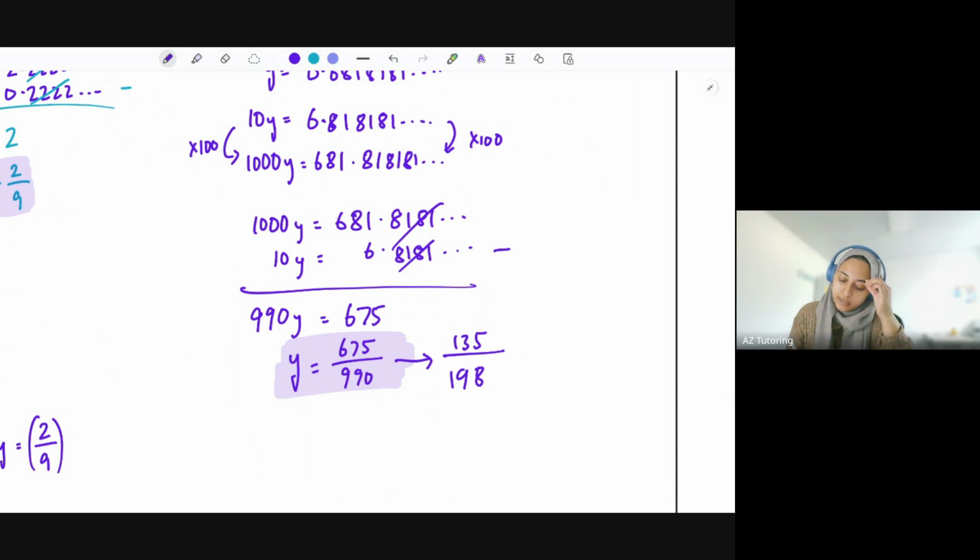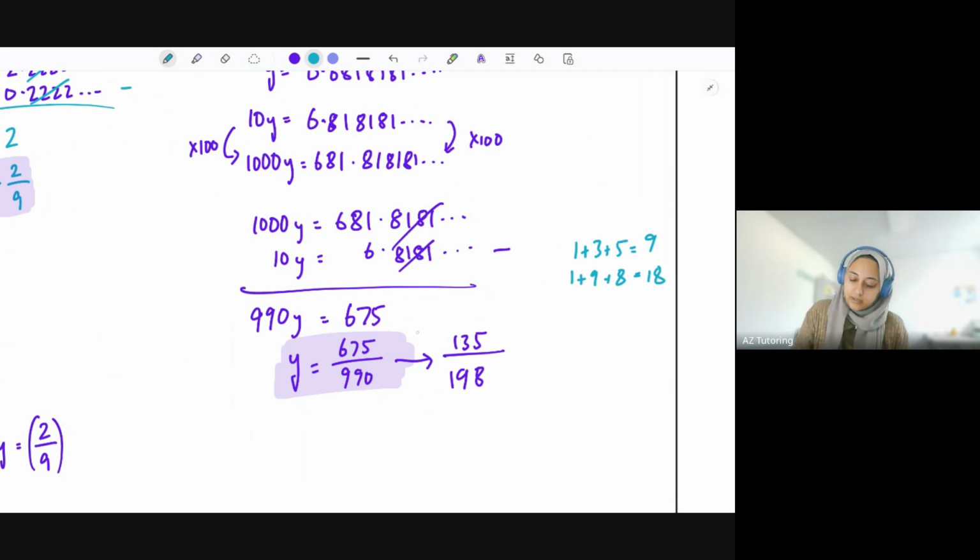Now, the top number and the bottom number, so 135 goes in the 3 times table. The reason why I know that is 1 add 3 add 5 is 9, and 9 is in the 3 times table. And the bottom, 1 add 9 add 8 is 18, which is also in the 3 times table.